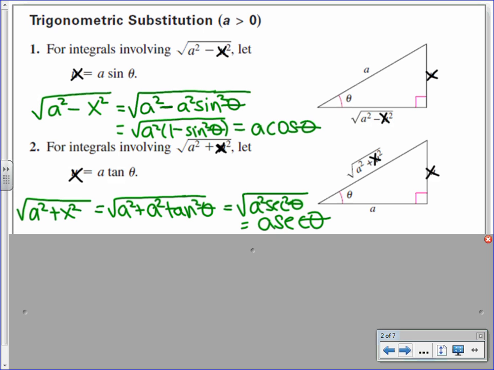So anywhere there was a square root of a squared plus x squared, you would replace it with a secant theta. And if there were any x's floating around, we would change them to a tangent theta.